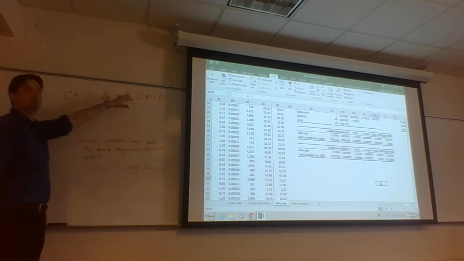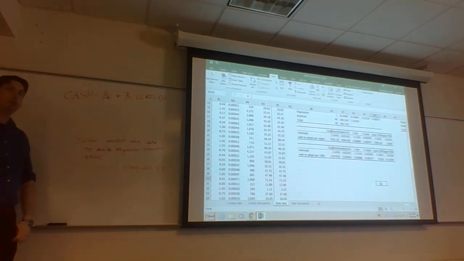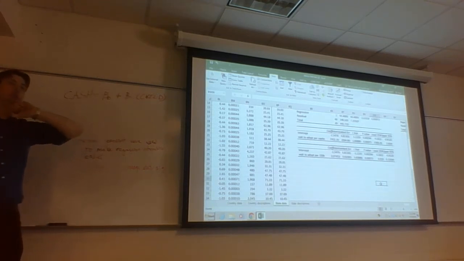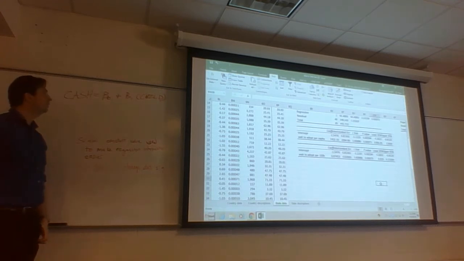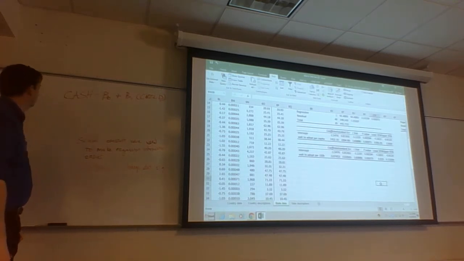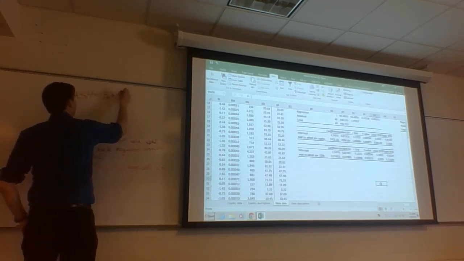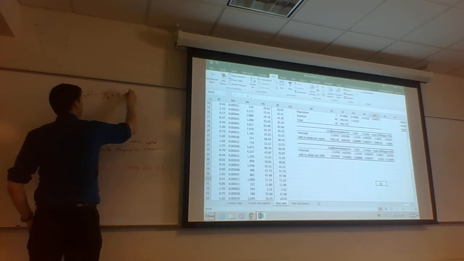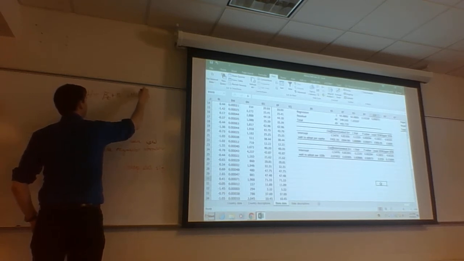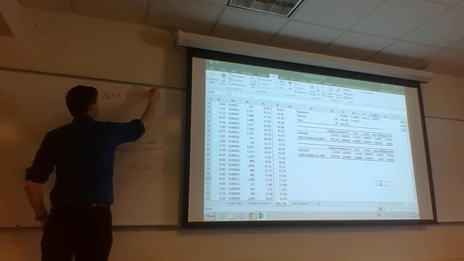That's my basic regression, right? What did I do to the child variable? I multiplied it by 100,000.